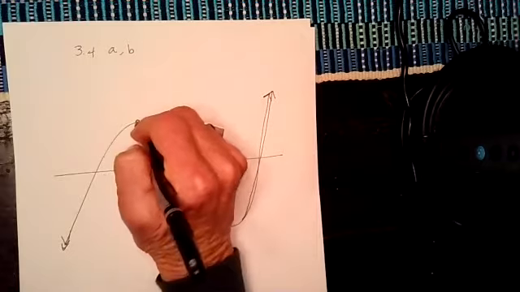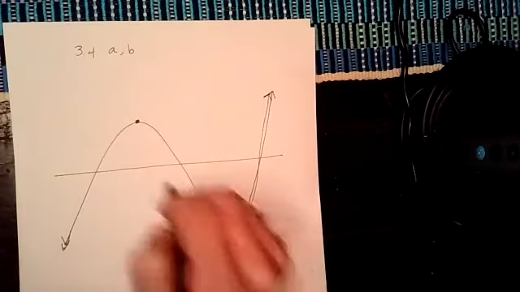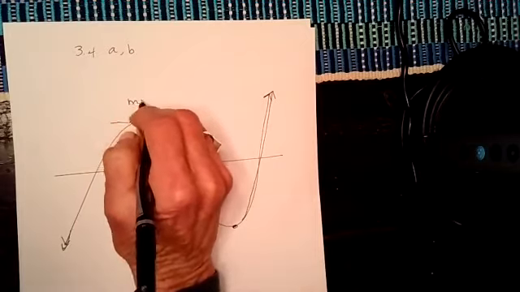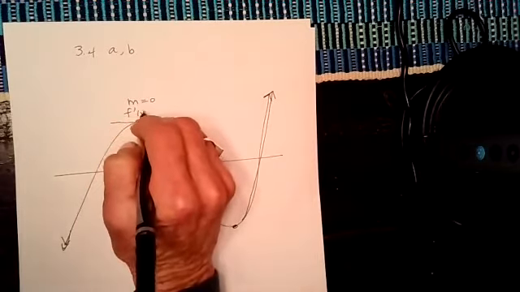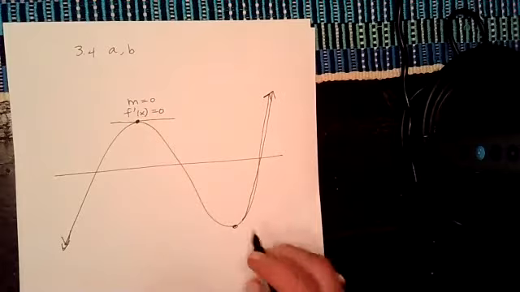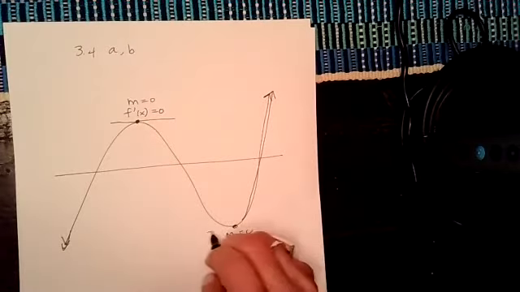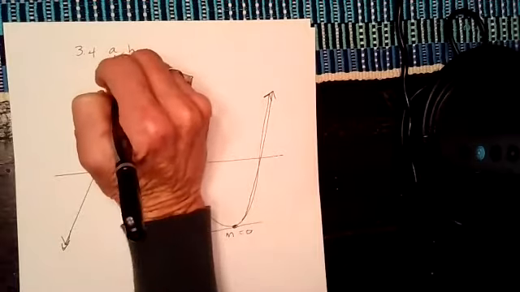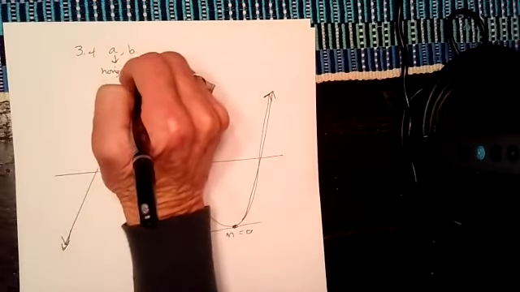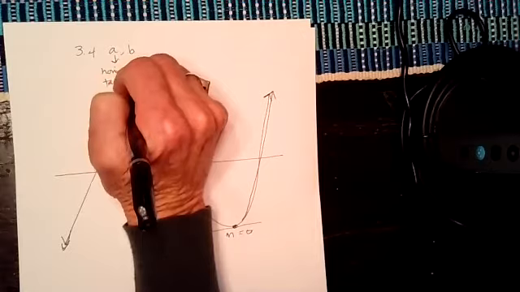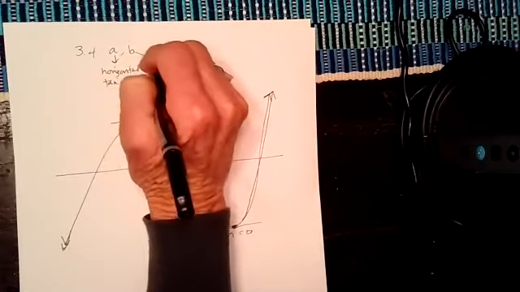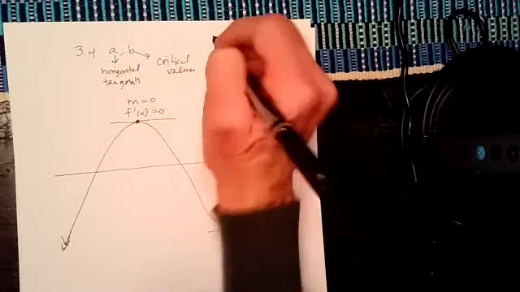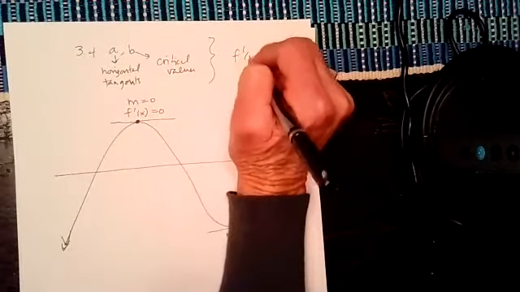But we did talk about these points where the slope was 0, the horizontal tangents where the derivative was 0. They're called critical values, and for us, it's where the derivative is 0.